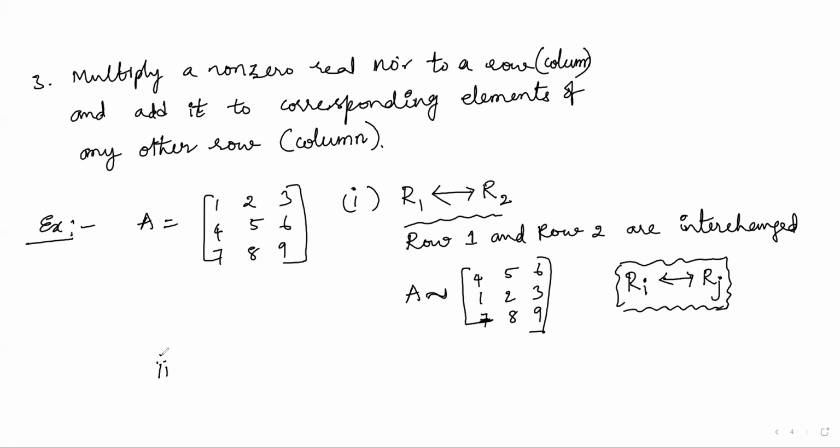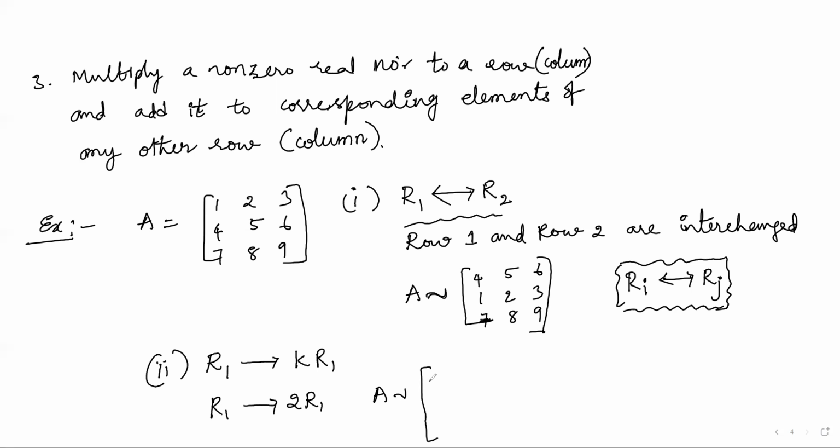Then what is the second one? The second one is we can multiply a constant to any row. We write R1 becomes K R1. Then the transformed matrix becomes like this. Let's say K is 2, so 2 R1.